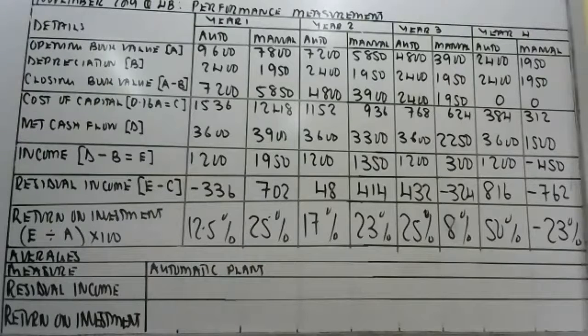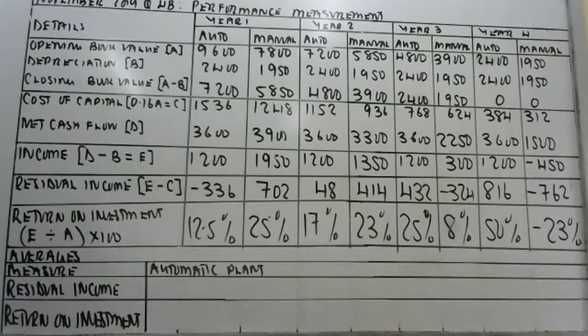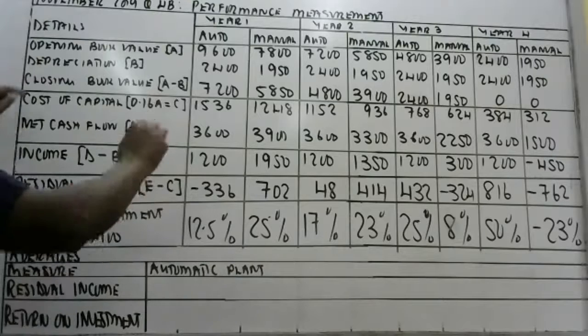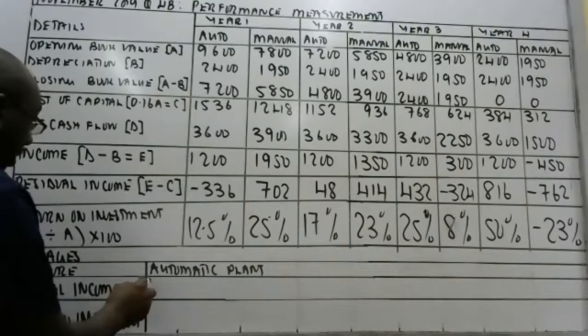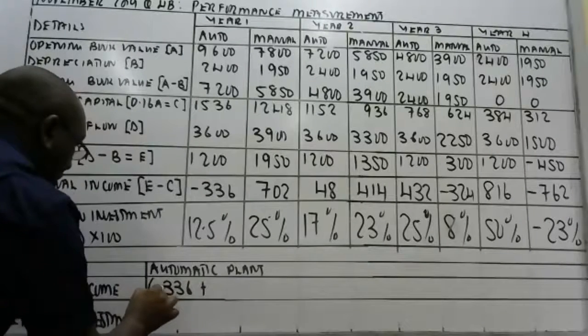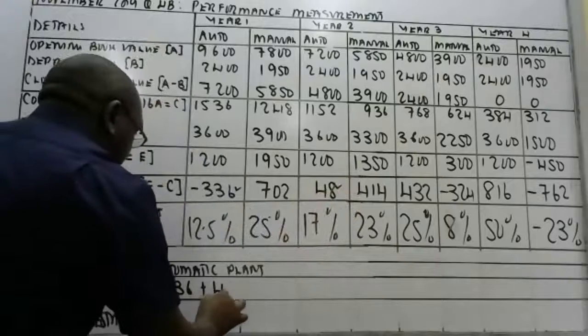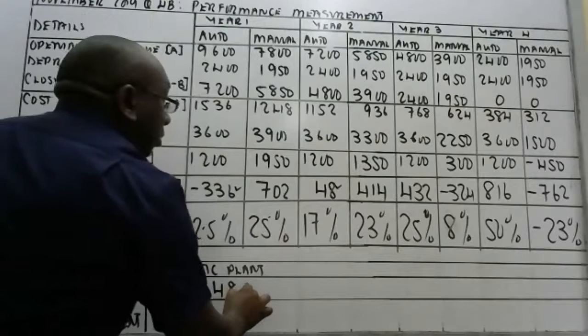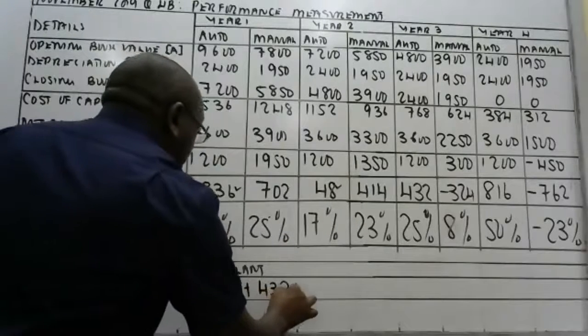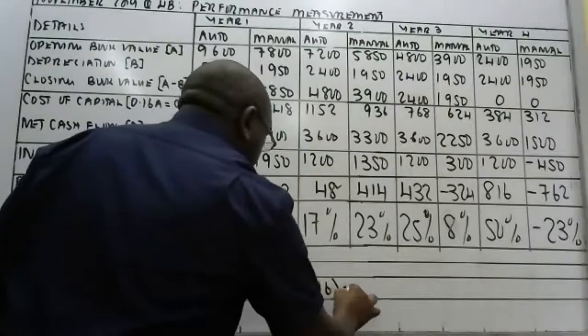For the automatic plans, the residual income will be minus 336 plus 48 plus 432 plus 816.